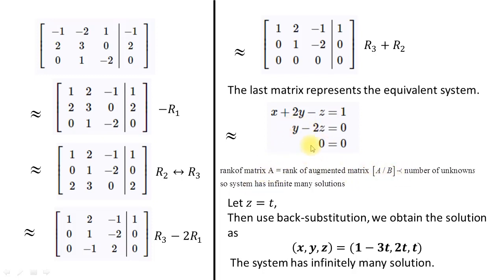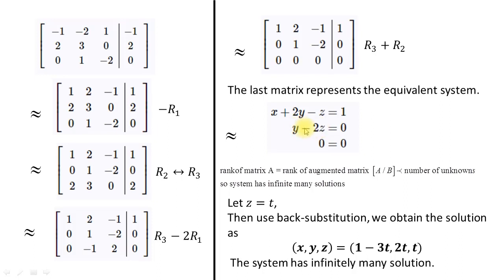In this case, the system has infinitely many solutions. In the second equation we have 2 unknown variables.